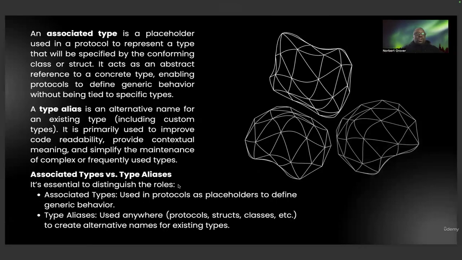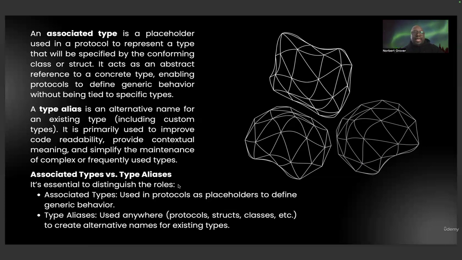Now let's talk about associated types and type alias, because these are important when we talk about generics. An associated type is a placeholder used with a protocol. It's used specifically in a protocol, not in a struct or a class.